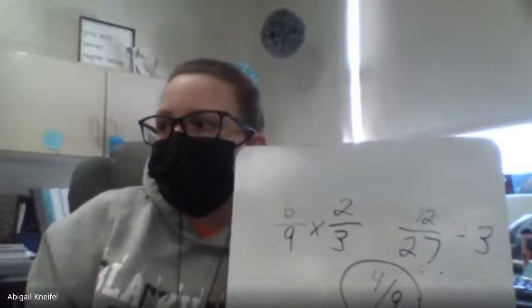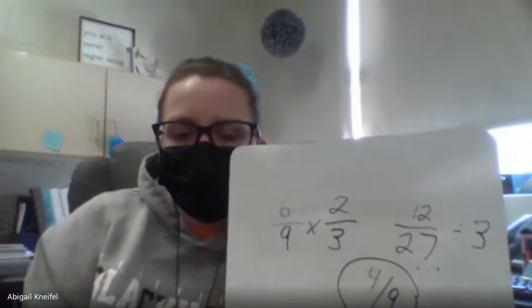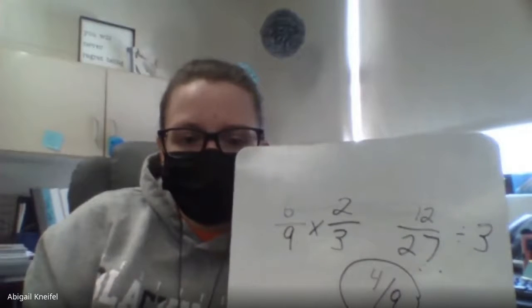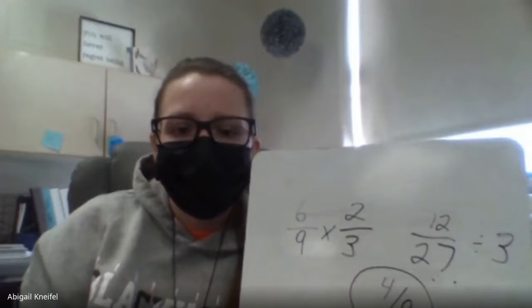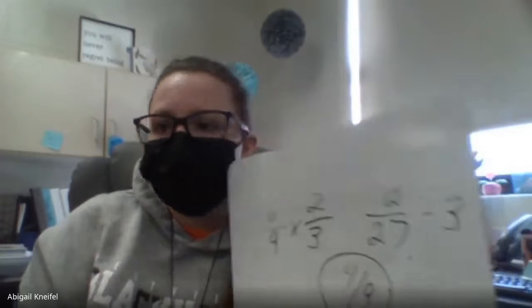Let me see your board. 4/9. You cannot simplify 4/9. Goal getters. We write goal, so then you try to get your goal. All right. Need a little bit longer. Let's try a few more.